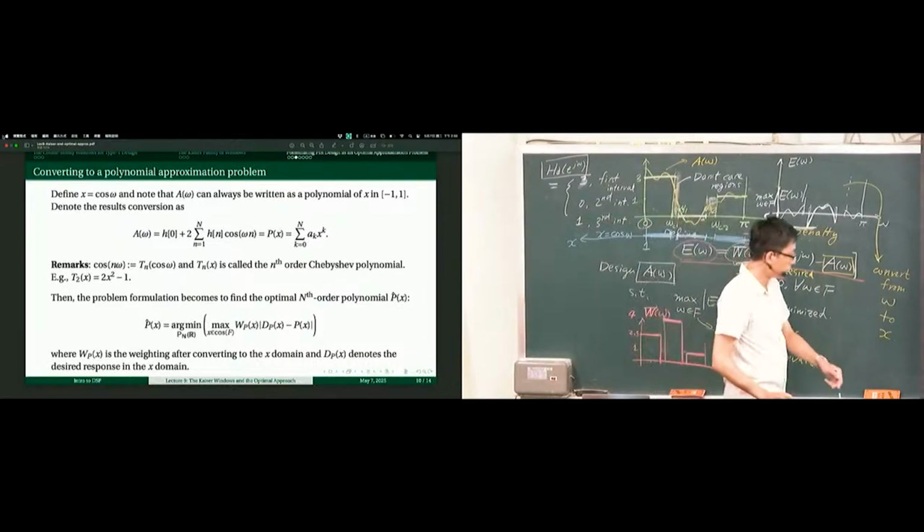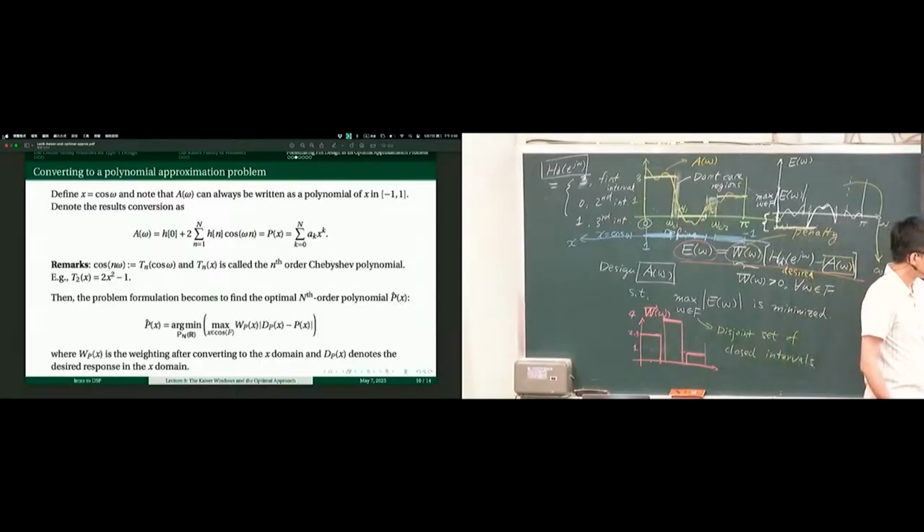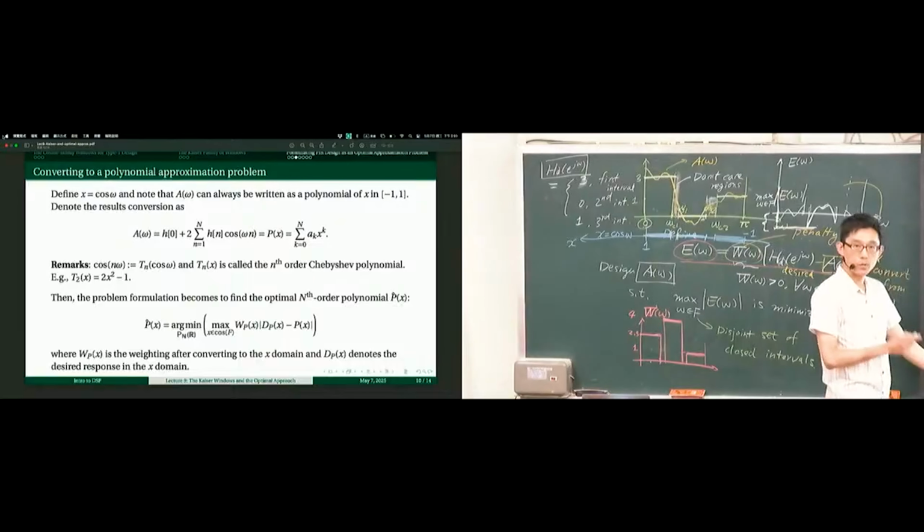Finally, I'm claiming to you, and there's a reason which will be clear in the next slide, there's a reason why we do this change of variable. We introduce the X domain to change everything into a polynomial problem.